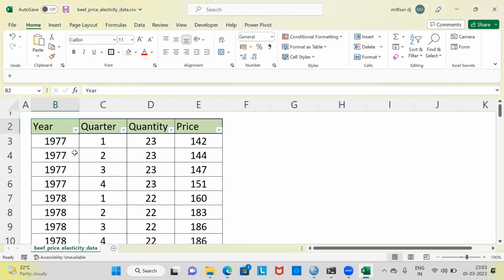The data is given at a quarterly level for quantity of beef demanded and the price that is placed on beef. I will be using Google Colab to build a model for price elasticity of demand.